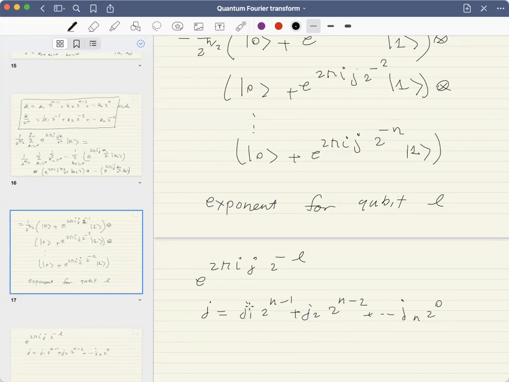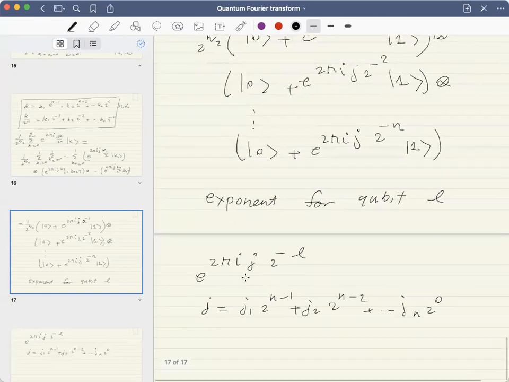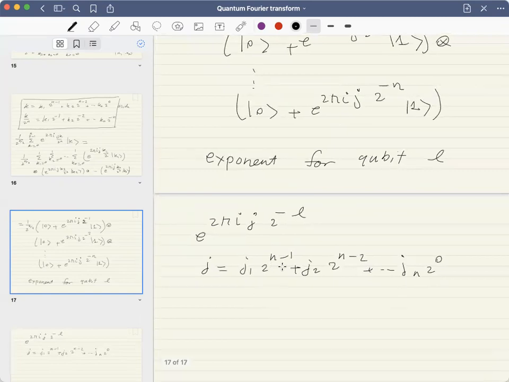Now, if I divide that by 2 to the L, you will see what's happening. Essentially, if n minus 1 is larger than L, what remains is j times some positive power of 2, which is again an integer, and e to the 2 pi i times an integer is always 1.